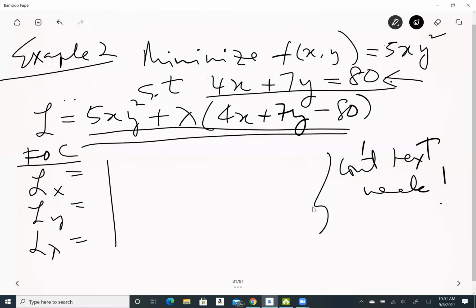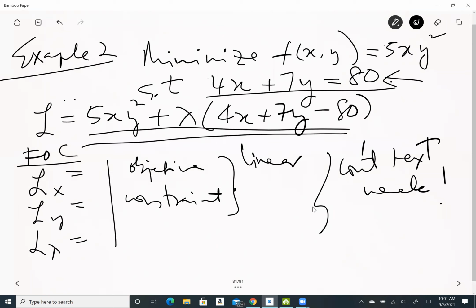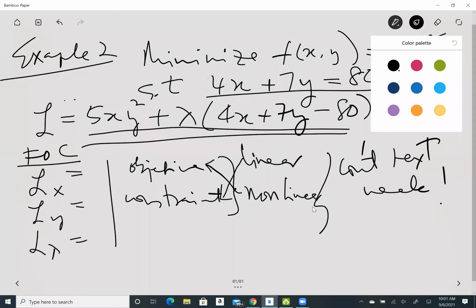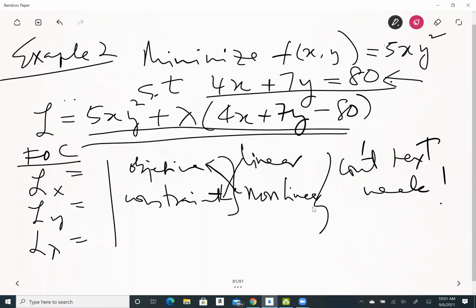Now, if you look at the Lagrangian problem, you have one objective function, and then you have the constraint. Either one of these will be linear, and the other one is non-linear. So if the objective is non-linear, then the constraint is linear. If the constraint is non-linear, then the objective is linear.